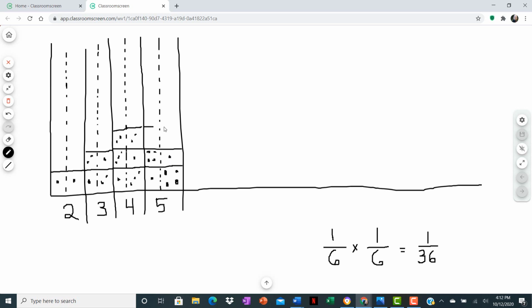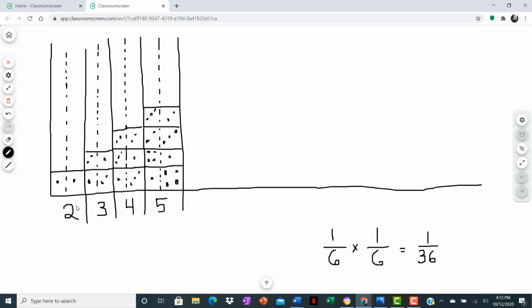Alternatively, I could roll a 2 and a 3, or I can roll a 3 and a 2. So now we're up to 4 ways you can make a 5, as compared to 3 for a 4, 2 for a 3, and 1 for a 2.